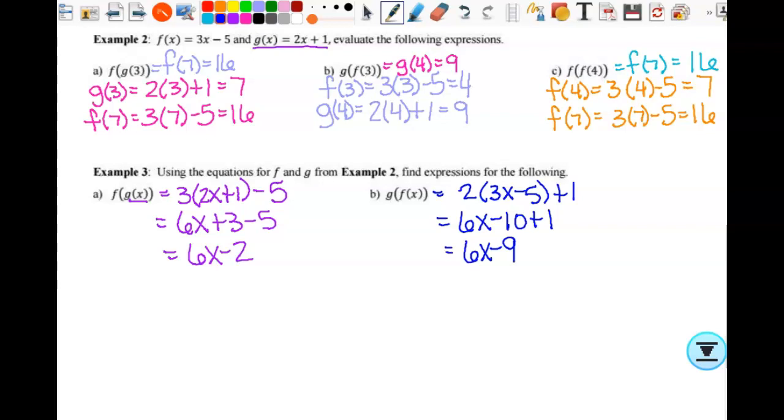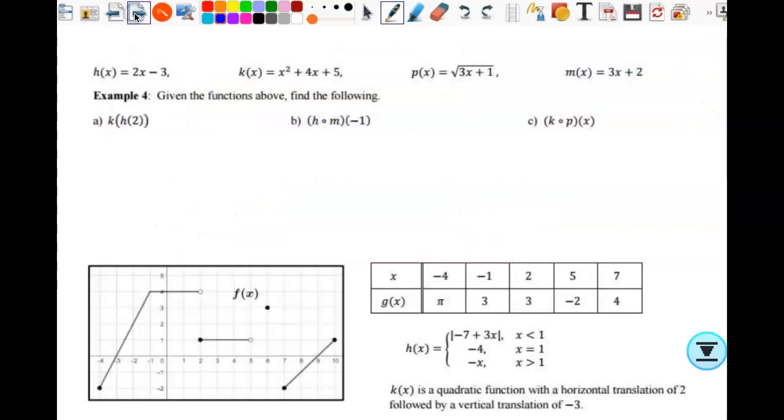Any questions at all? We're good, right? Okay, perfect. I'll flip it over then. Okay, given the functions above, find the following. So go ahead. Find k of h of 2.